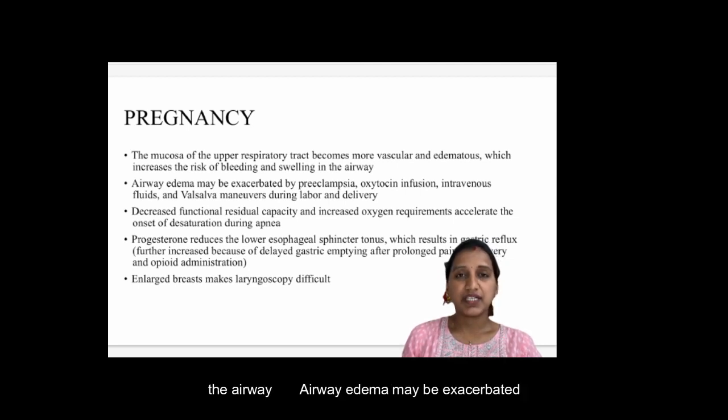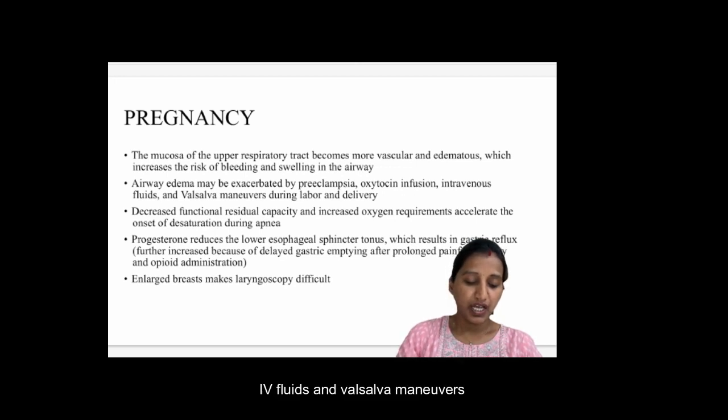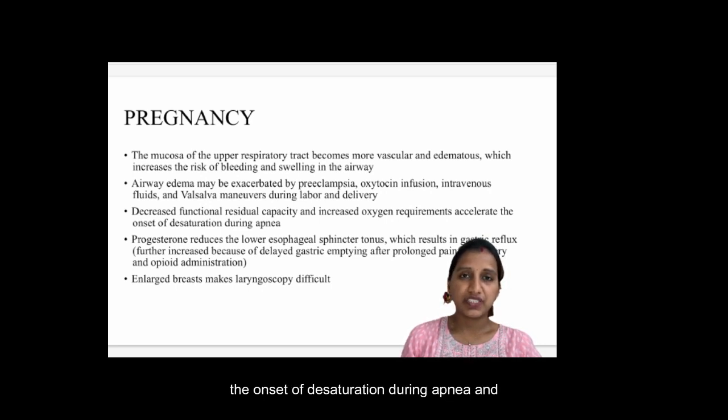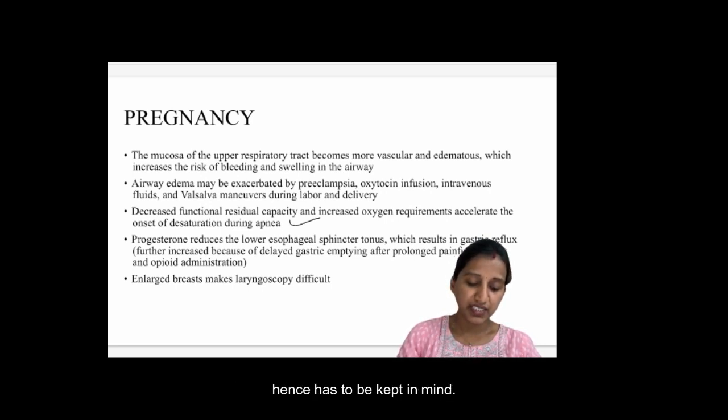Airway edema may be exacerbated by preeclampsia, oxytocin infusion, IV fluids, and Valsalva maneuver during labor and delivery. Decreased functional residual capacity and increased oxygen requirement accelerate the onset of desaturation during apnea and hence have to be kept in mind before sedating and paralyzing a patient. And the patient has to be pre-oxygenated well in such conditions.